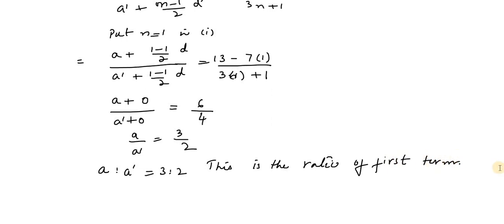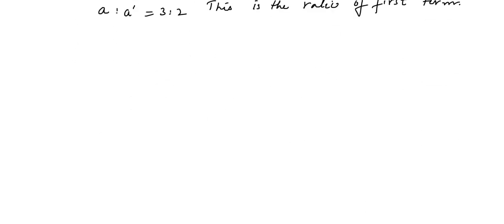Similarly, for the ratio of their second term, we know that the first term is a. So we put n equals 1 because the first term is a, and the term with d will be 0. And for the second term, the second term of the arithmetic progression is a plus d.